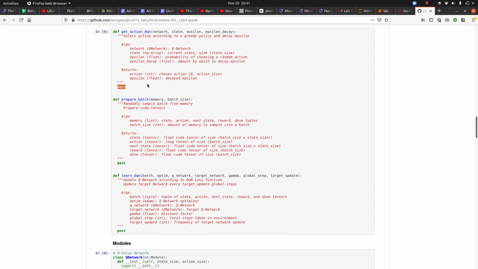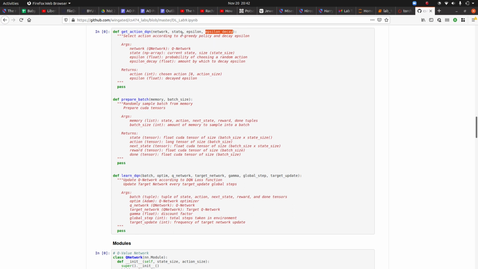Otherwise, choose the best known action by taking the argmax of the output of the network. And then also, of course, returning a decayed version of epsilon. So you multiply epsilon by the decay, and epsilon shrinks every single time. So that's get action DQN.